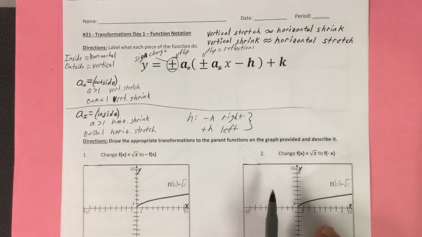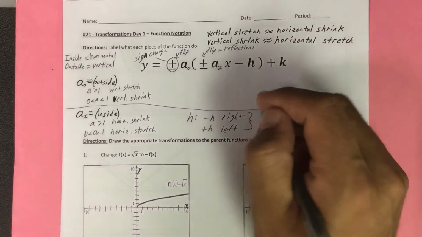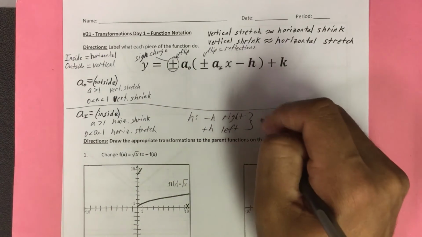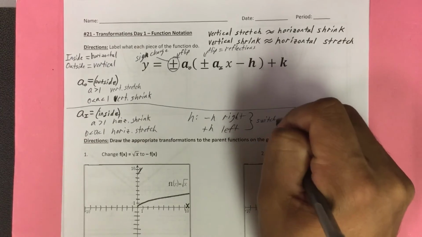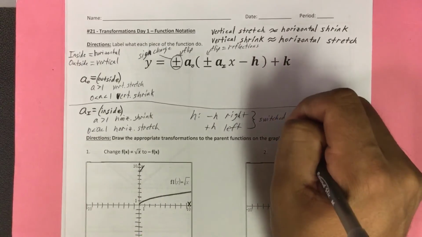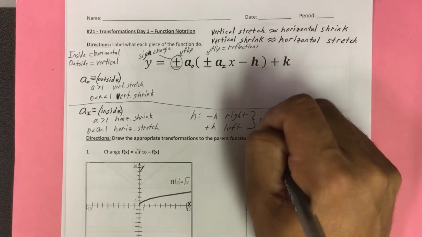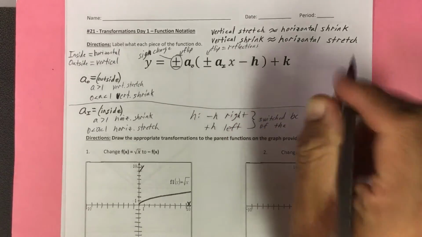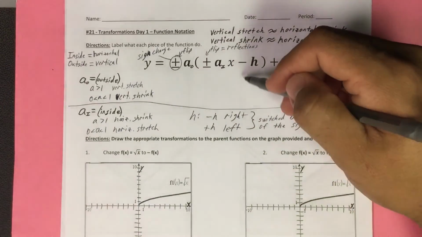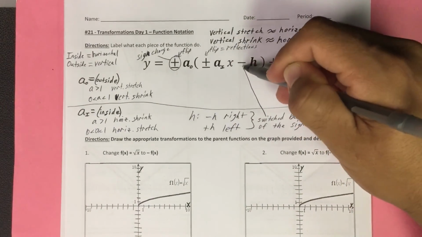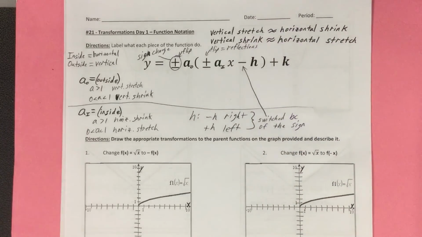Usually when we add, we go right, but this is backwards, right? It's switched because of this sign right here. Because it says minus H right there, it's actually switched. So adding goes to the left, subtracting goes to the right.